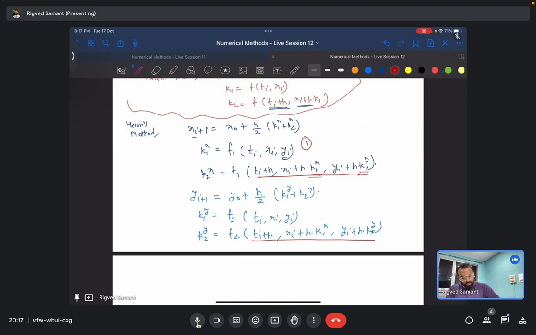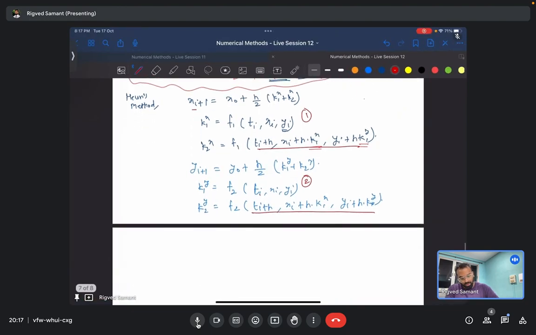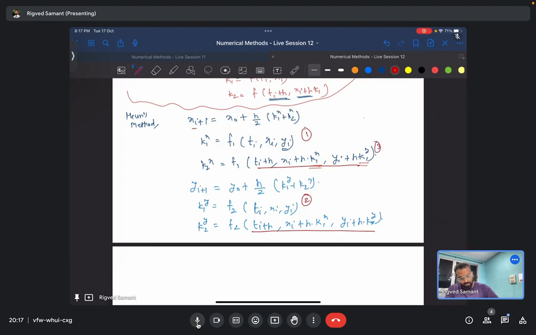So second you will find k1y, because you again have t0, x0, y0. Now because you have these two, you will find out this third one. Because you have these two values, you can now find out this one.